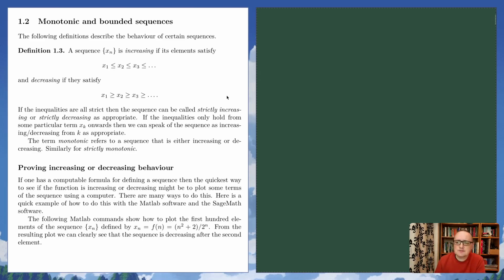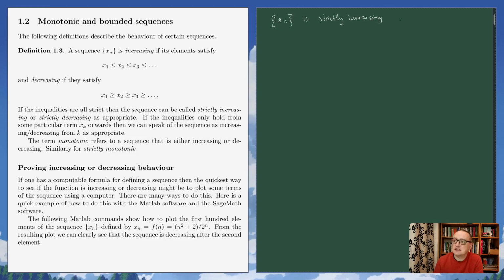We also have the terms strictly increasing and strictly decreasing. So we would say xn is strictly increasing if all these inequalities are in fact strict, less than or greater than.